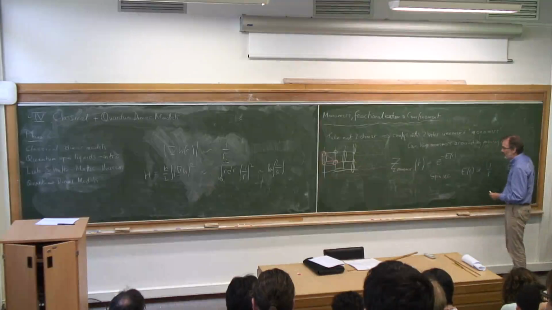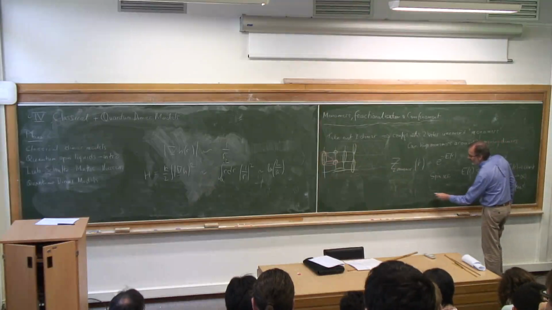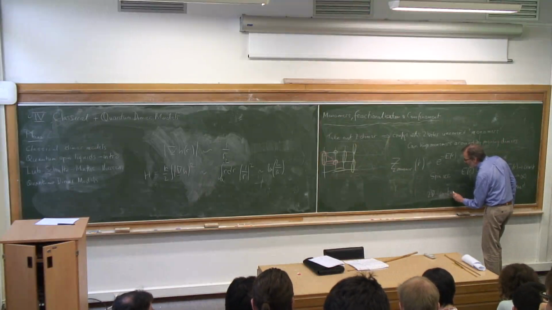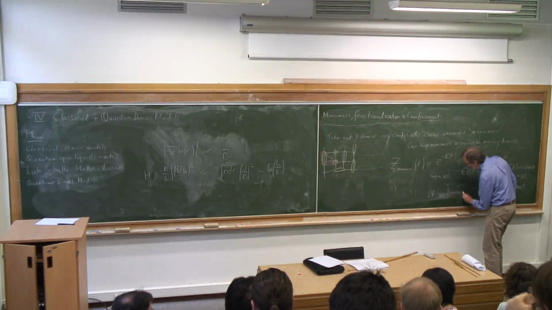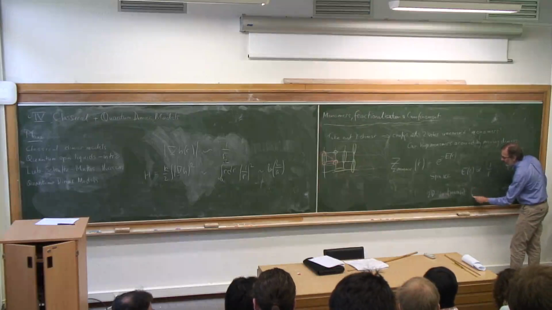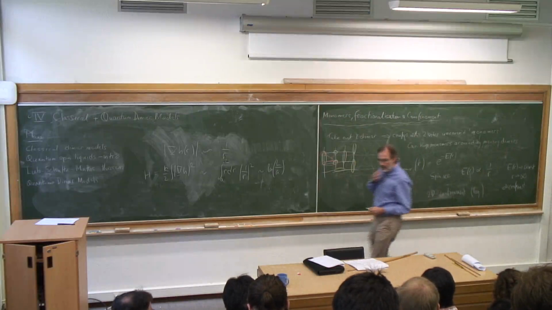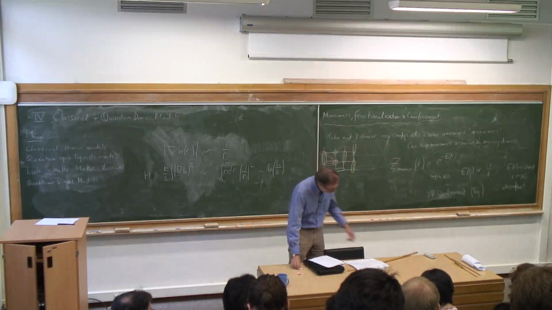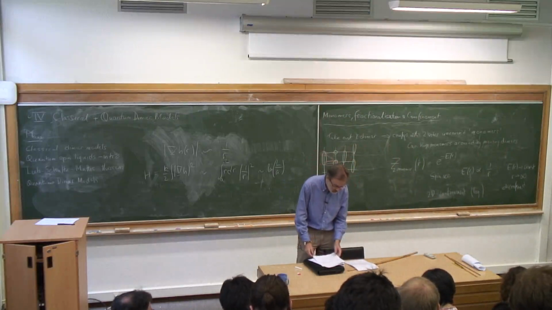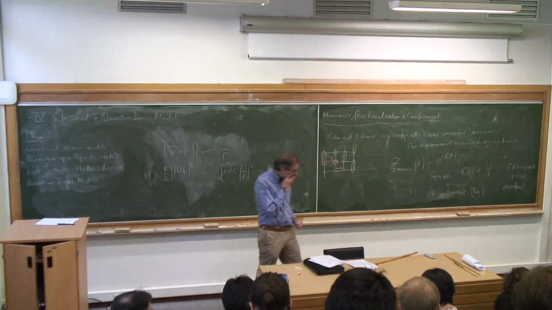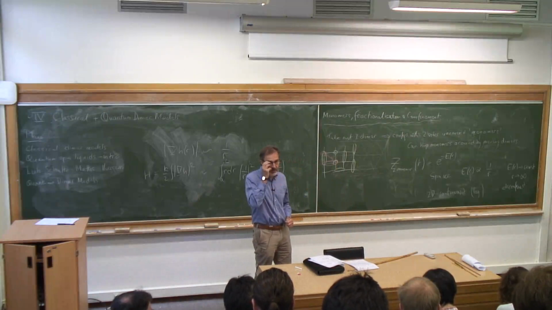Since that grows without bound, we say that in 2D we have confinement, but it's a rather weak form of confinement in the sense that it's only logarithmic. Any questions there?